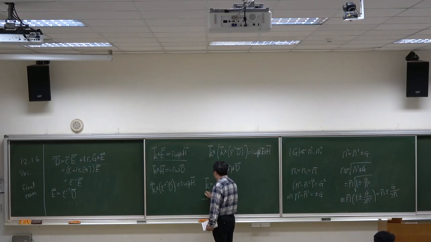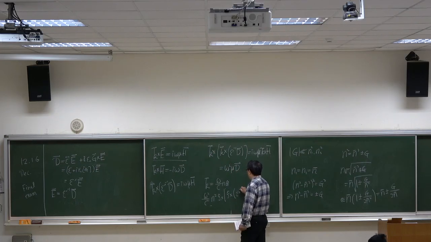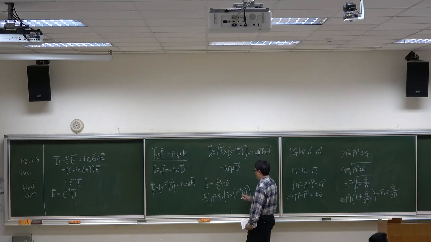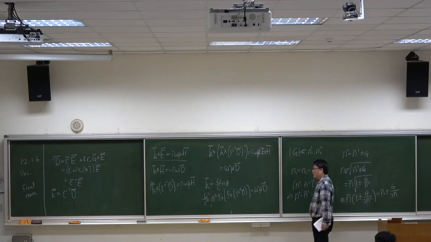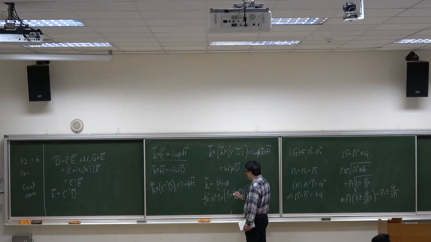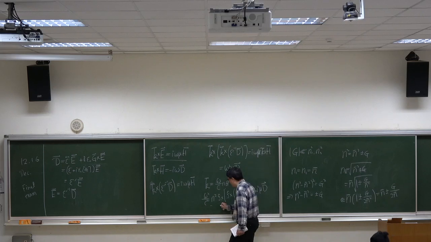We get omega squared over C squared times N squared times S cross epsilon prime inverse D, by epsilon 0.